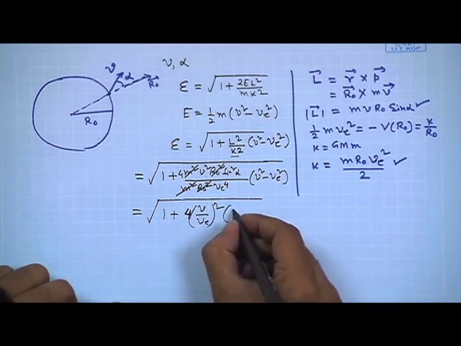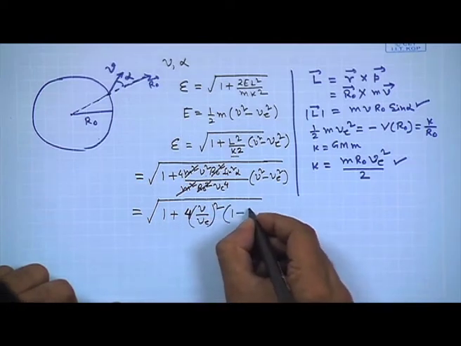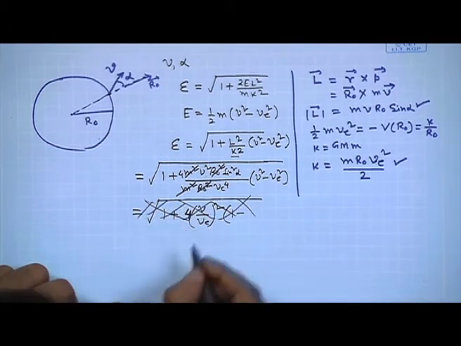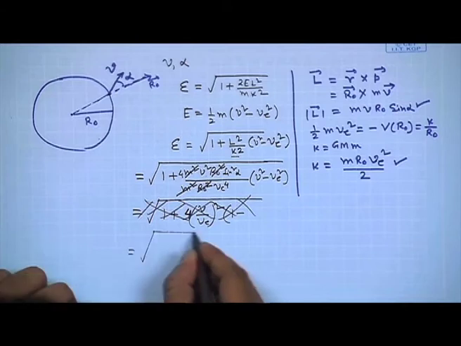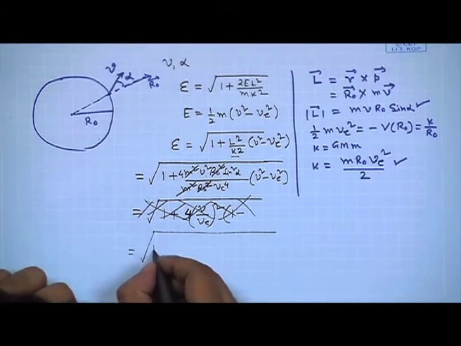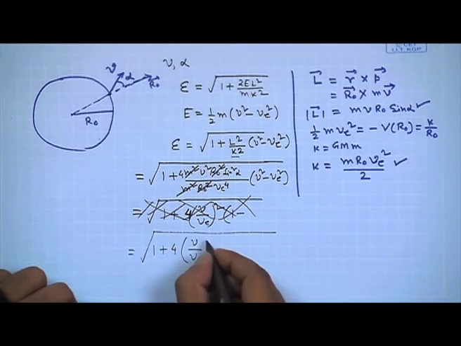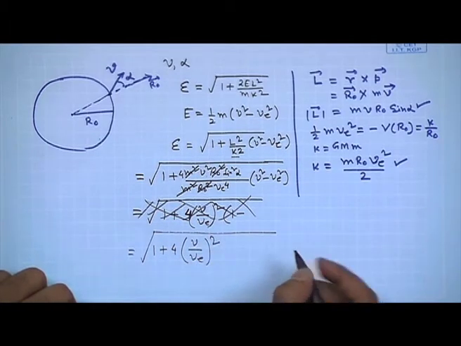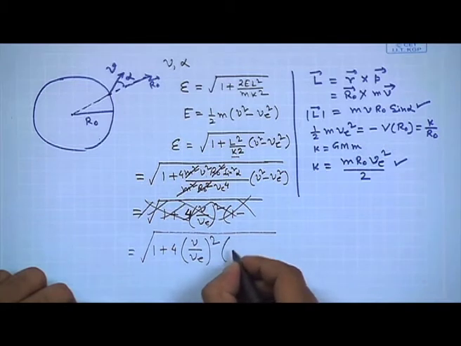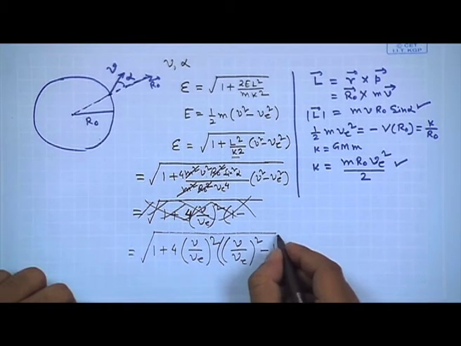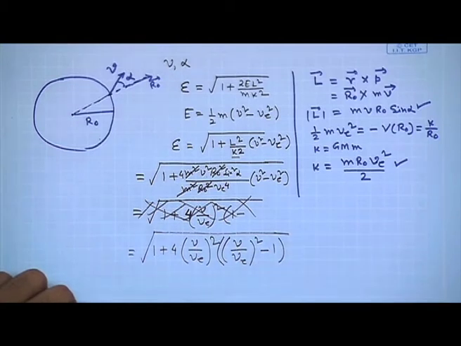And we can write this whole thing as 1 plus 4 times v by v e whole square into v by v e whole square minus 1, right.